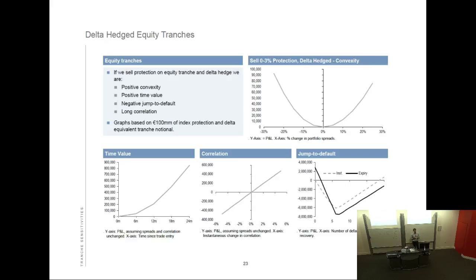And time value is positive as well, because if you go through the same exercise as with the super senior, you'll find that the delta of your tranche is, in this case, actually lower than the spread ratio of tranche and index. Now here, your correlation exposure is positive, right? Because now you're long an equity tranche, so you'd rather have correlation go up.